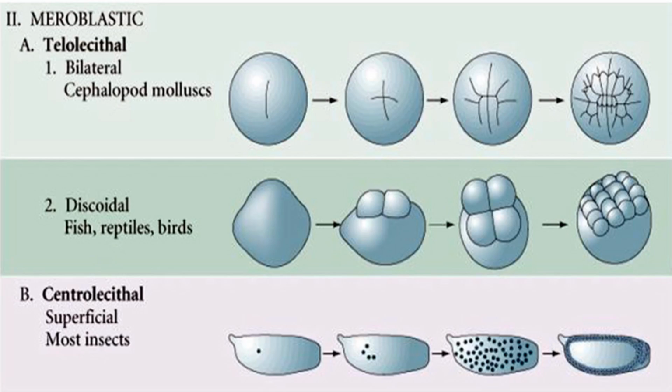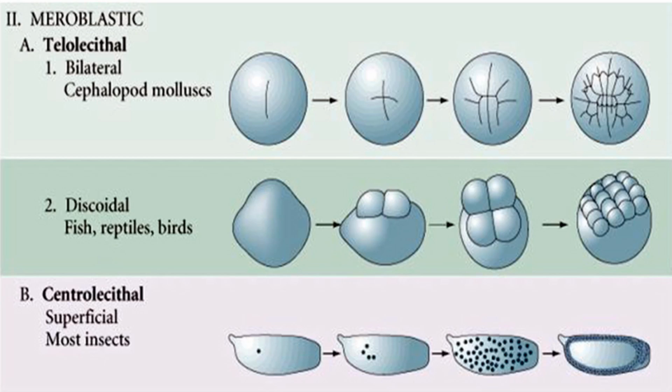Now coming to the meroblastic cleavage, shown by telolecithal or centrolecithal eggs. In the case of telolecithal, we can see the bilateral. Bilateral means symmetry is maintained, left and right similar type of division. And in the case of fishes, reptiles and birds, we can see the discoidal type, that is, only in the disc the blastomeres are formed, and in the lower portion, because yolk is present, no division occurs, so the embryo is formed at the disc portion only.